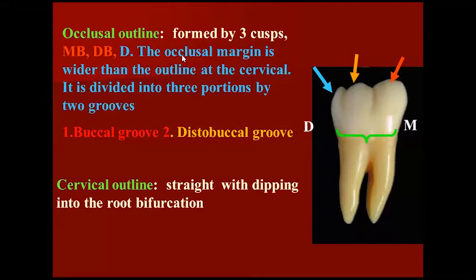Now the occlusal outline is formed by 3 curves: mesiobuccal, distobuccal and distal. The occlusal margin is wider than the outline at the cervical. It is divided into 3 portions by 2 grooves: buccal groove and distobuccal groove. Cervical outline straight with dipping into the root bifurcation.